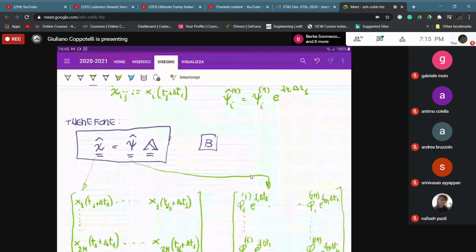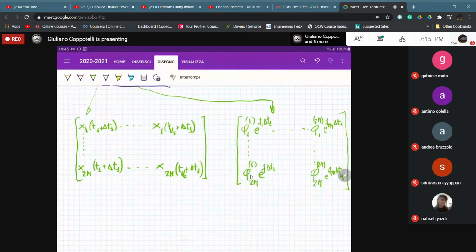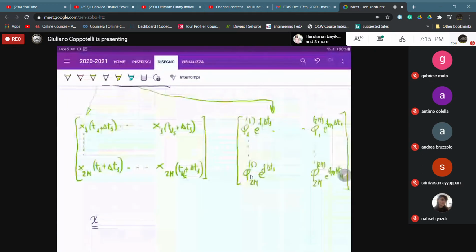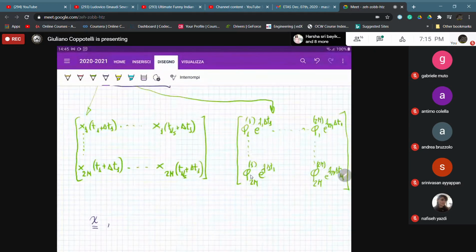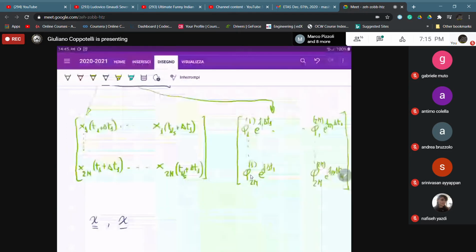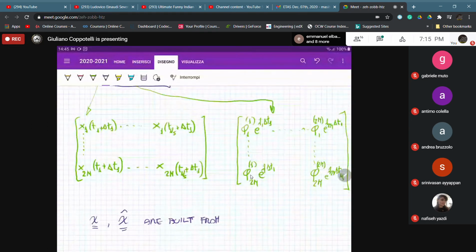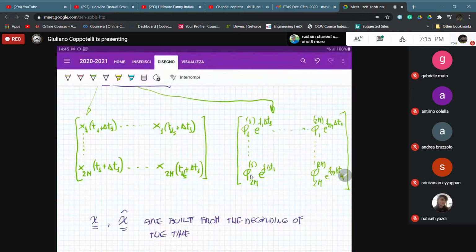Okay, so as a matter of fact, both your responses that are recast in the chi matrix and your responses that are recast in the hat chi matrix are built from the recording of the time responses at different time instants.